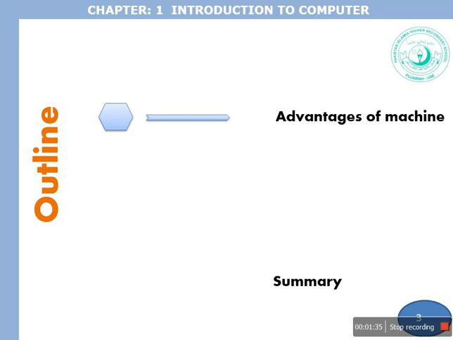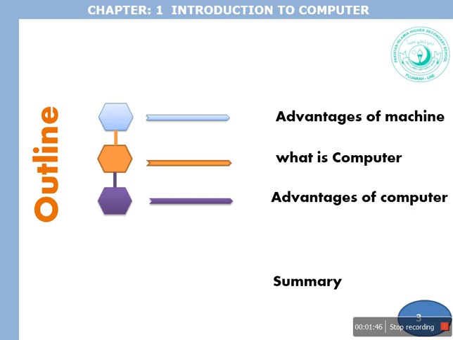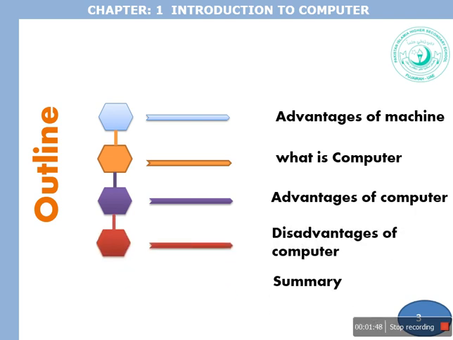Then I'm going to discuss advantages of machines, and then I'm going to discuss the computer: what is a computer, and what are the advantages of computer. And it looks very strange that computer has disadvantages. Yes, computer has disadvantages. We will discuss later. And in the last, we will review or summarize our lecture.